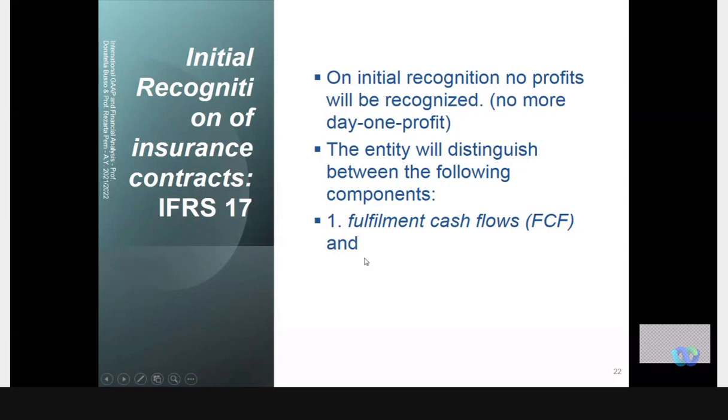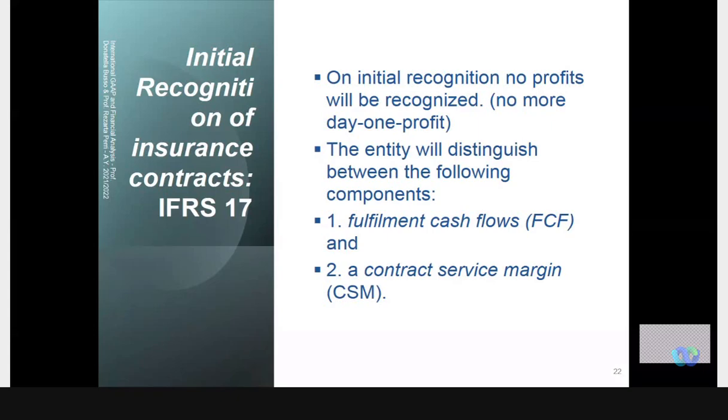And the other component is, again, you will find this only in the IFRS 17, the contract service margin, CSM. The contract service margin is very simple to calculate because in the initial recognition of the contract, it is equal to the fulfillment cash flows.